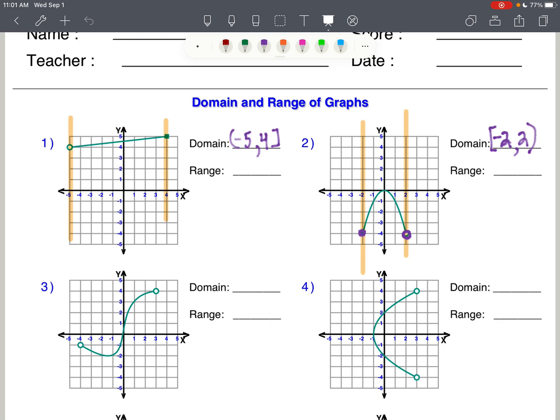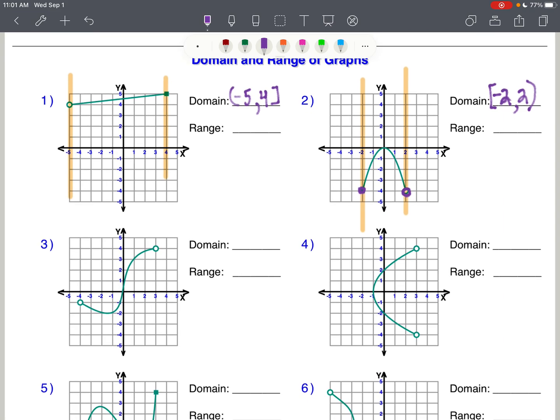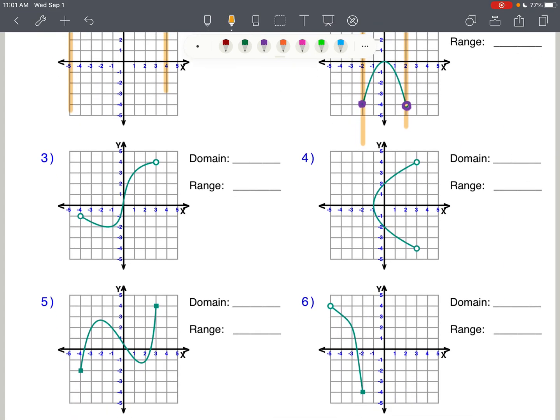Let's do another domain. Number 3, on the left, my domain is going to start at -4, and it's going to continue to the right to positive 3. And it includes all the values in between. All of these values are inputs because I get an output on the graph.